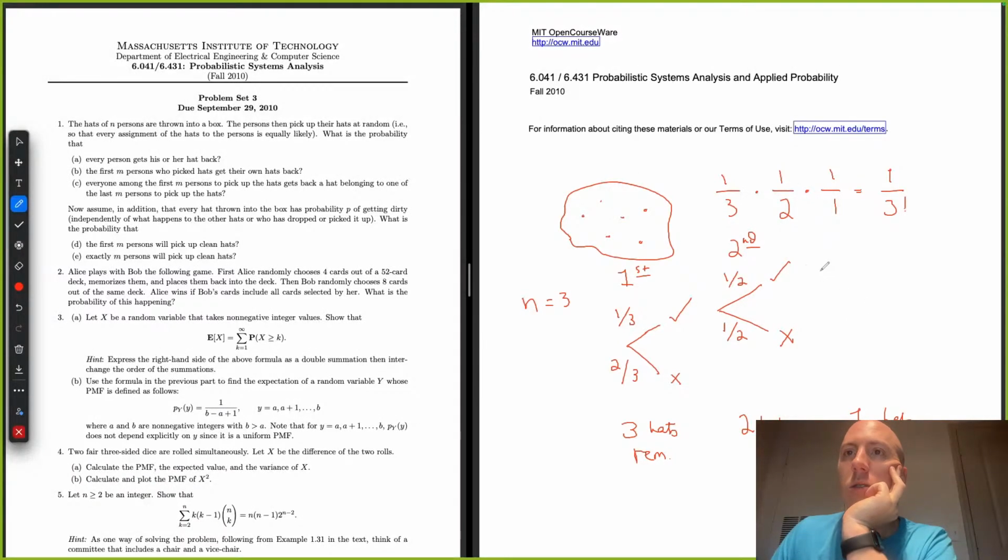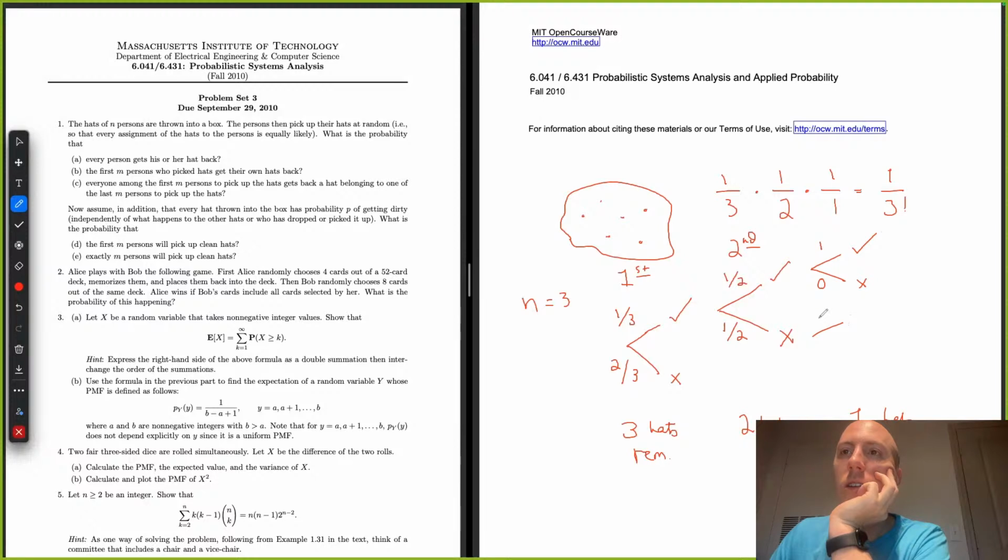In this branch, it's going to be good, 1 out of 1 chance. And down in this branch, there's the wrong hat remaining. I guess it's more like this: there's a 100% chance that they get their hat, and a 0% chance that they don't.